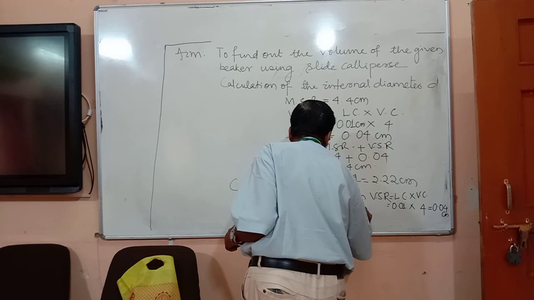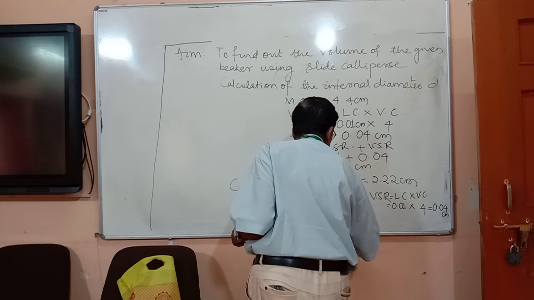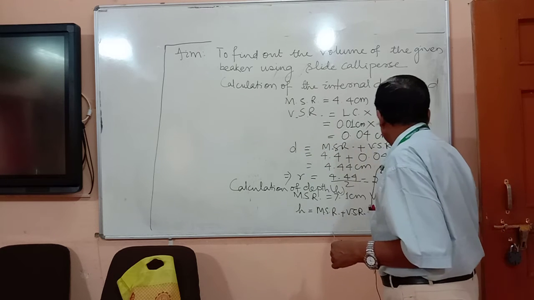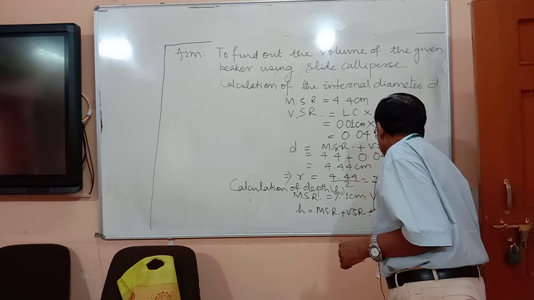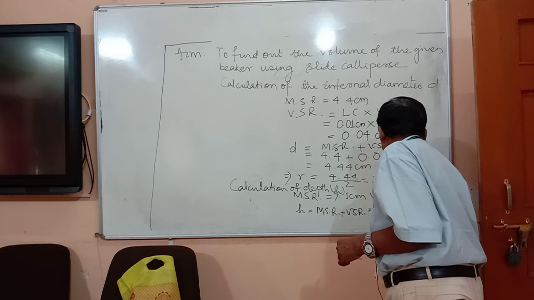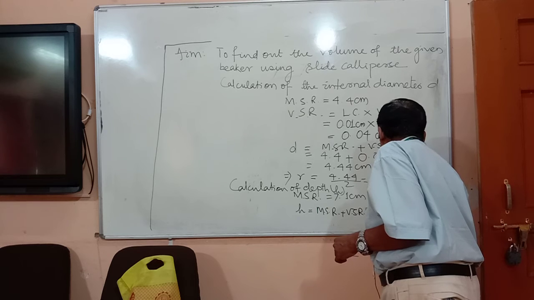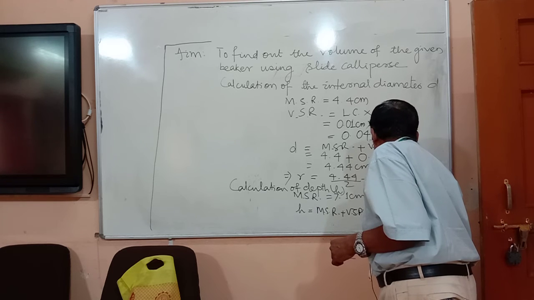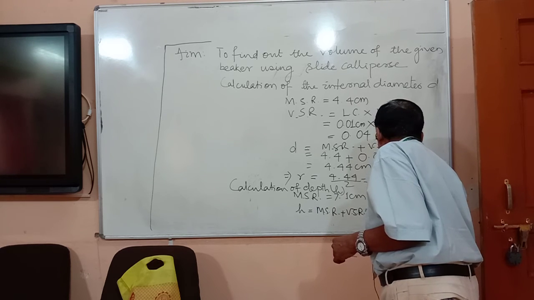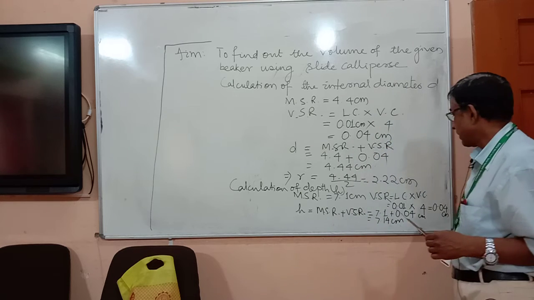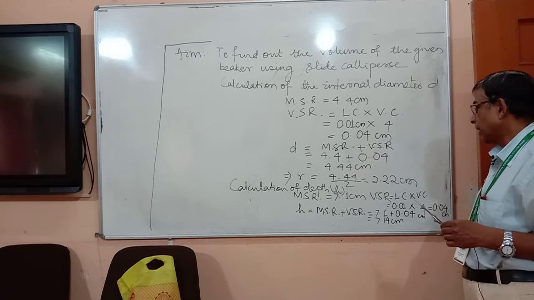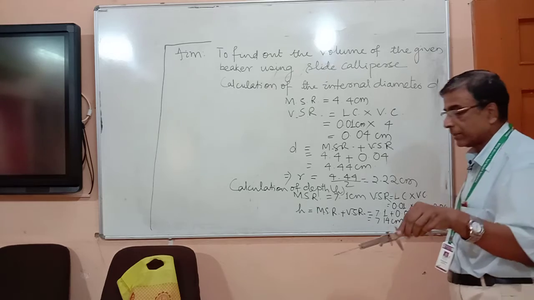MSR is 7.1 plus 0.04 centimeter, which is equal to 7.14 centimeter. This is your height, that is, the depth of the beaker.